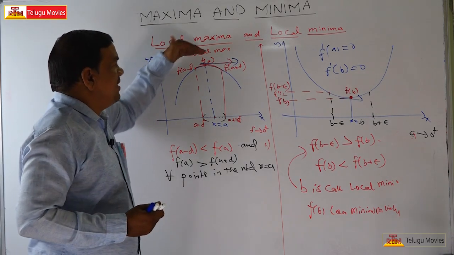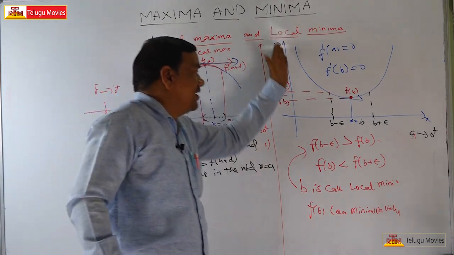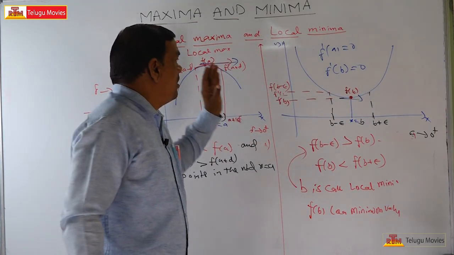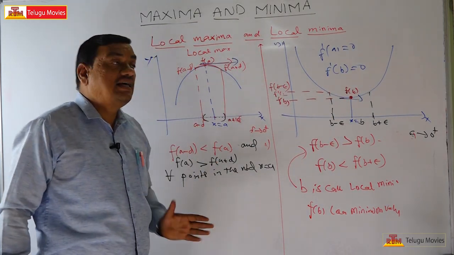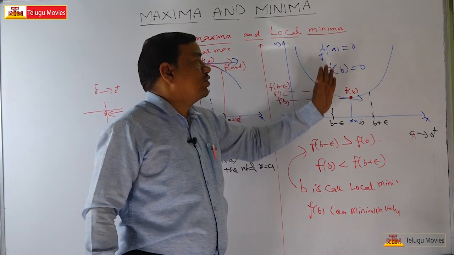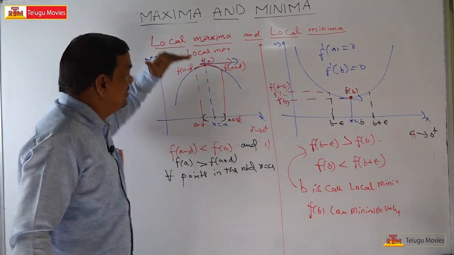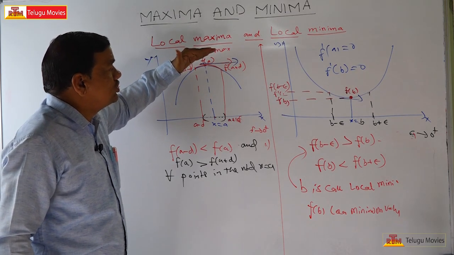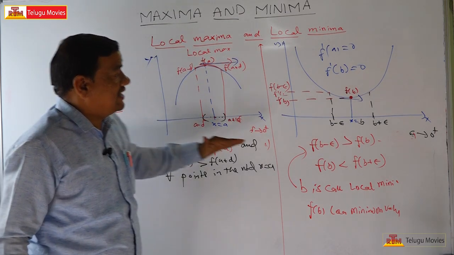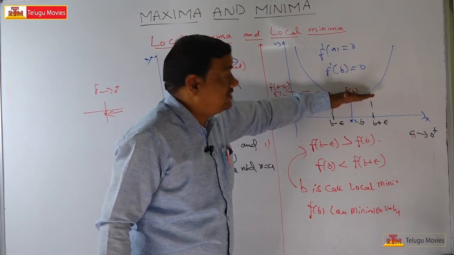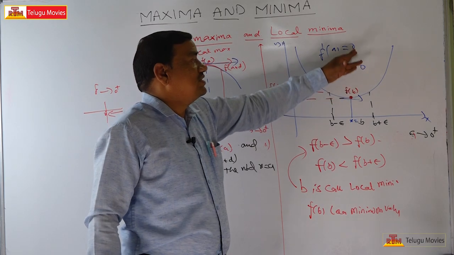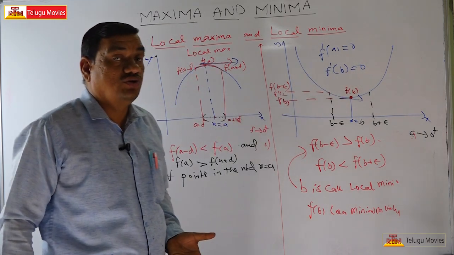Here maximum, again it comes to minimum; here decreasing, again increasing. At those points, f dash of a is 0 and f dash of b is 0. That means if you draw the tangents at those points, those tangents will be parallel to the x-axis. That's why slope is equal to 0, first derivative is equal to 0.